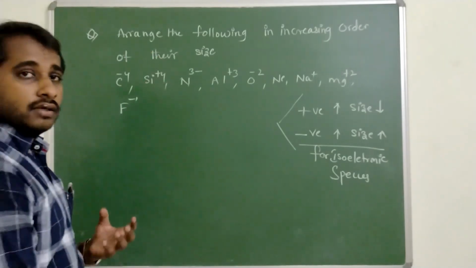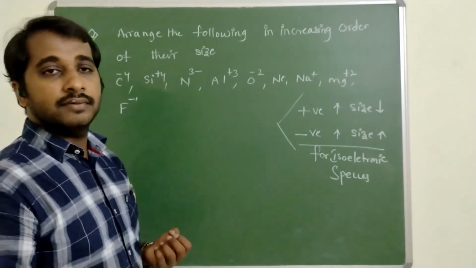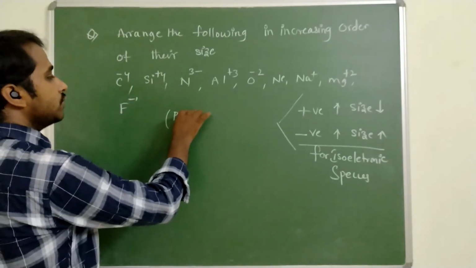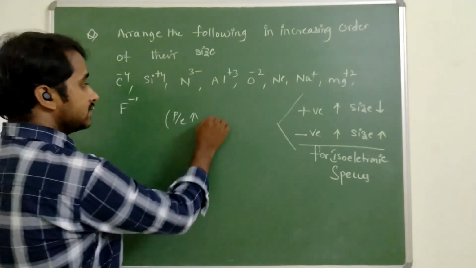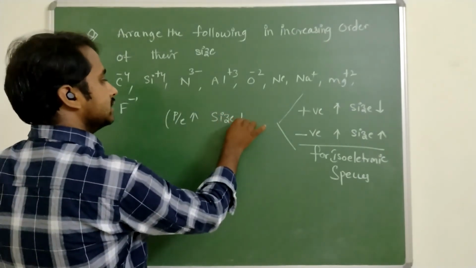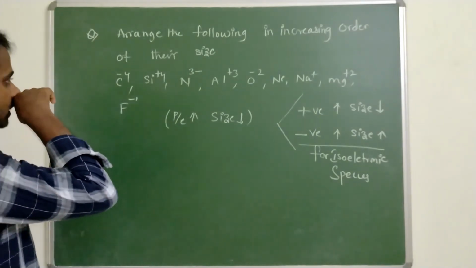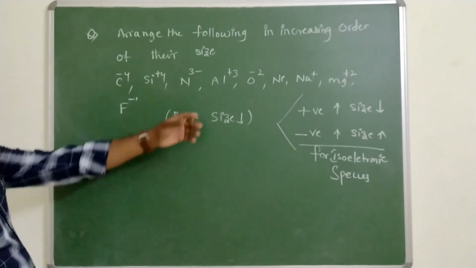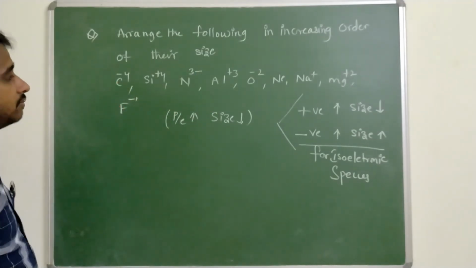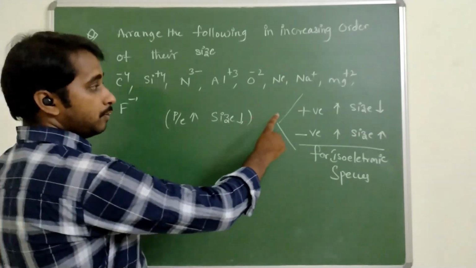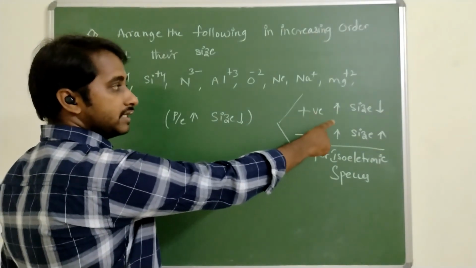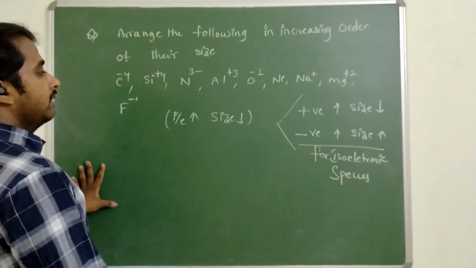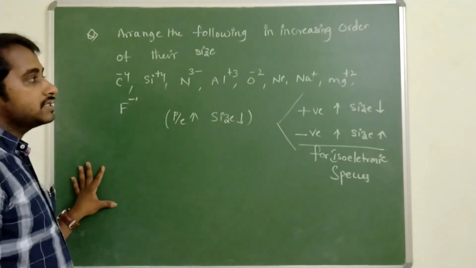If you are not able to compare the sizes that way, better to calculate the P by E ratio. As we know already, as the P by E ratio increases, size decreases.